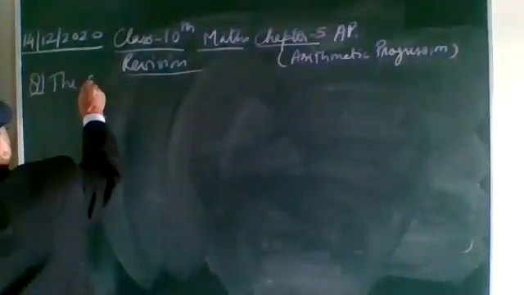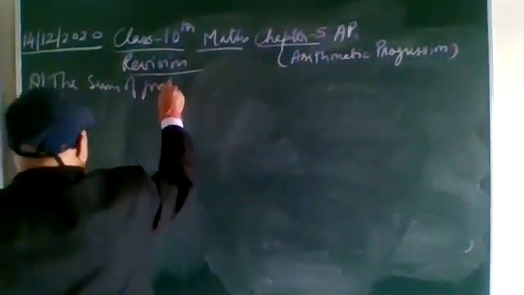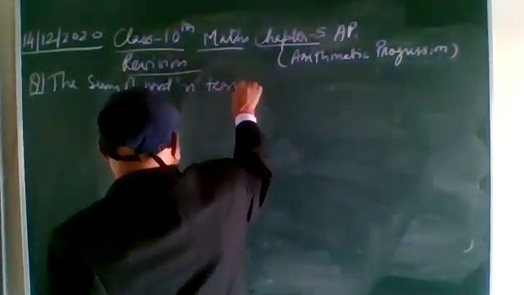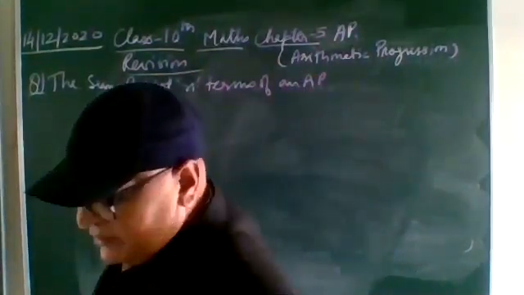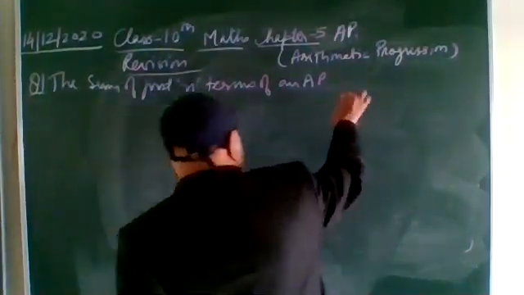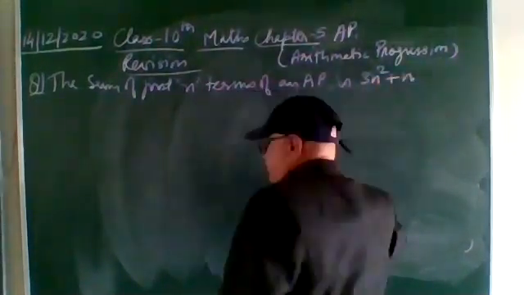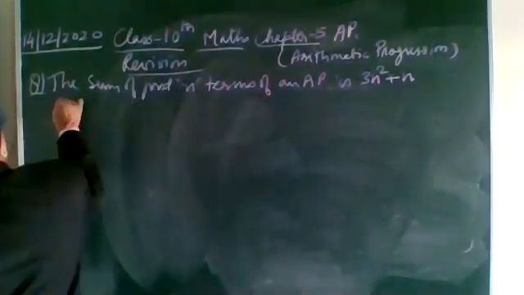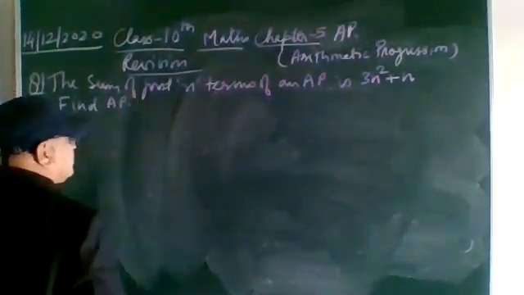The sum of first n terms of an AP is 3n square plus n. Find the AP. This is the question.